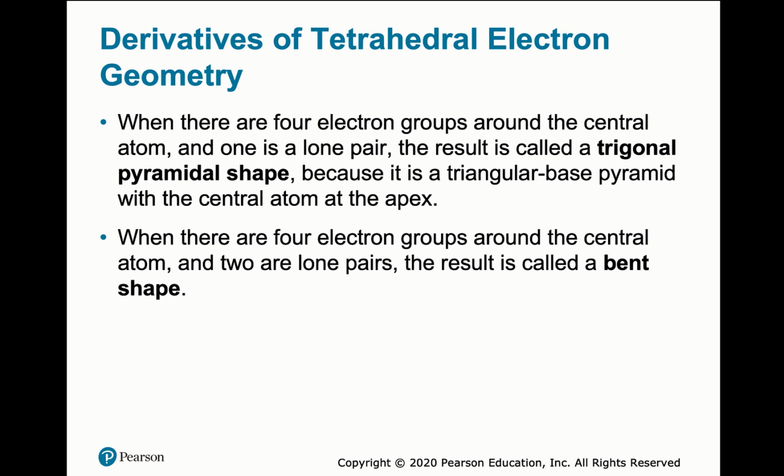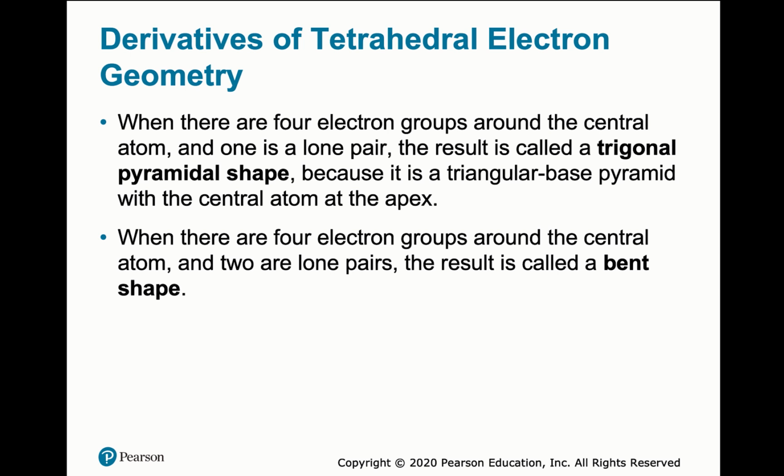So a tetrahedron is a trigonal pyramid, and in a tetrahedron every bond length is equivalent. But this trigonal pyramid, it's not the same. So although a tetrahedron is a trigonal pyramid, not all trigonal pyramids are tetrahedrons.